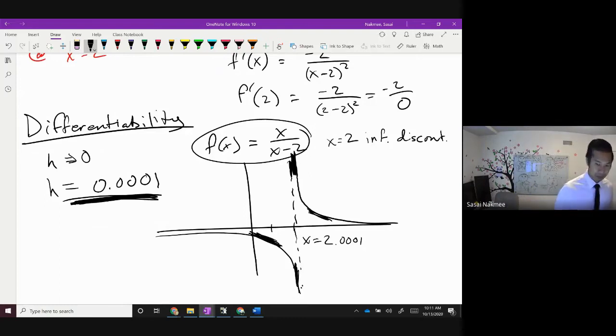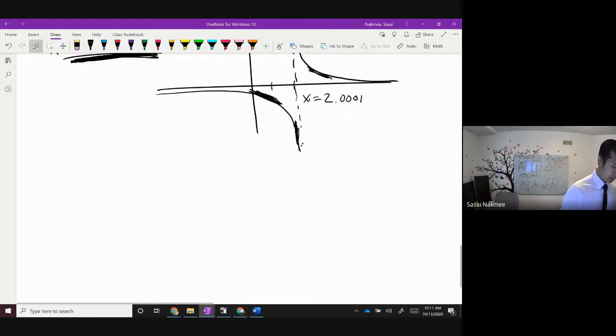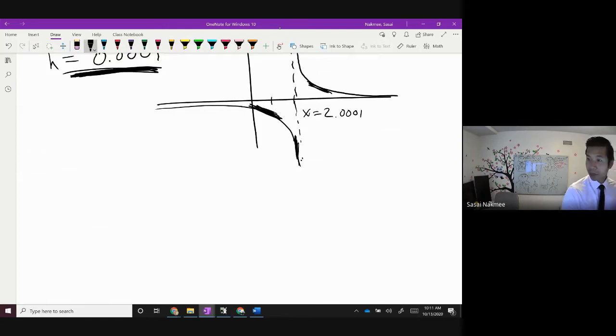So, check this out. Let's say I have, for example, a function. Let's keep going here. Let's say I have a function f of x equals the cube root of x. Right?